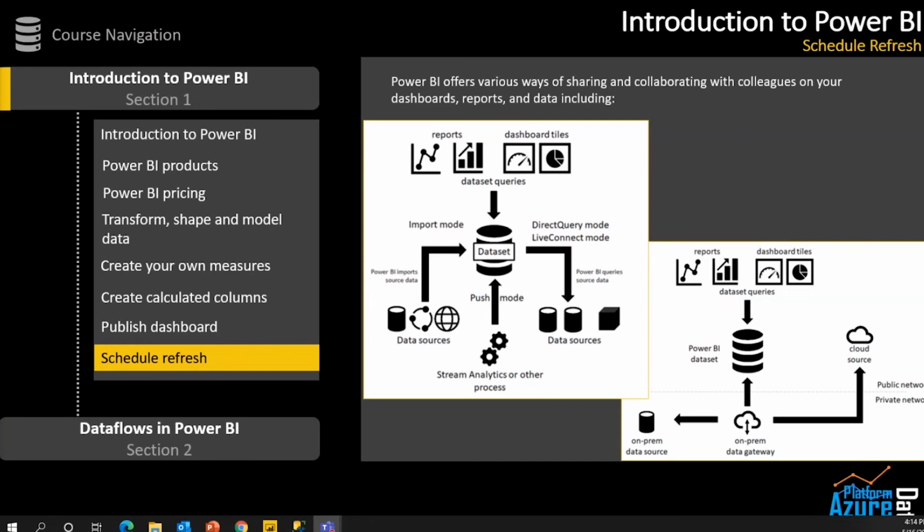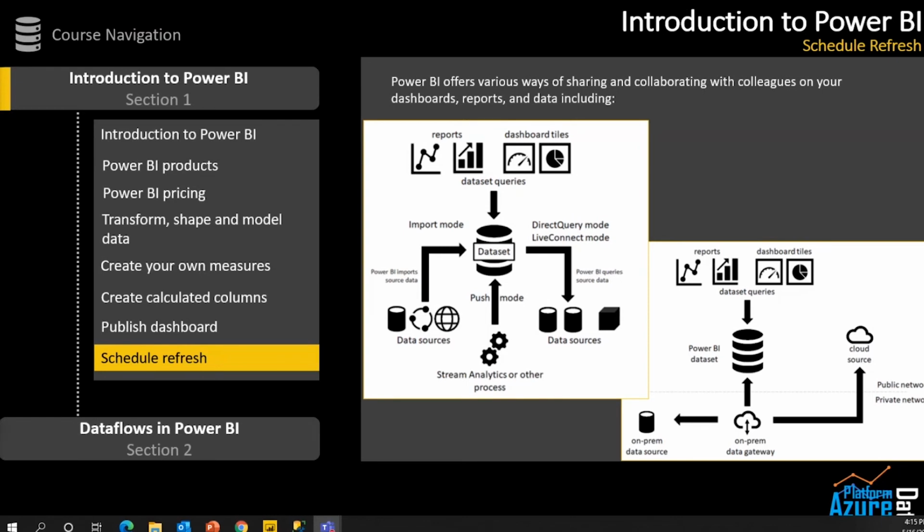When you are going on DirectQuery mode and you try to refresh it, it will go and try to fetch the data from the source. So it does not bring the data here. It goes to the source. It will try to bring the latest data from the source to your Power BI, to your charts and dashboard. So it's not bringing the data, it's going to the data source to get the latest records.